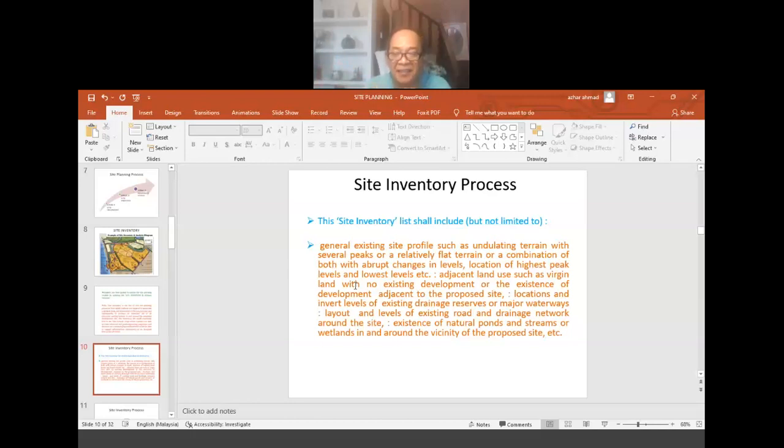So the proposed site is located in a totally new development whereby there is no existing development around the site. That is also one possibility, with no existing development, or there is existence of development adjacent to the proposed site.